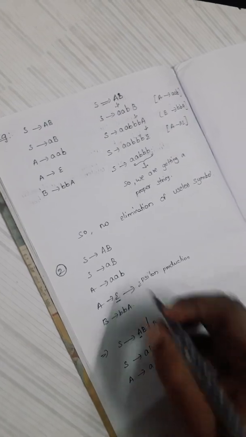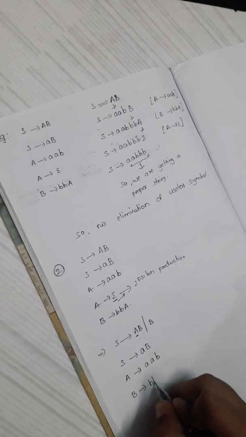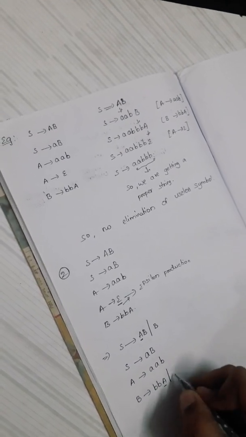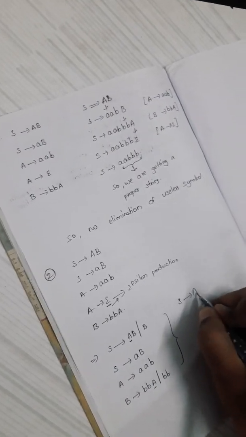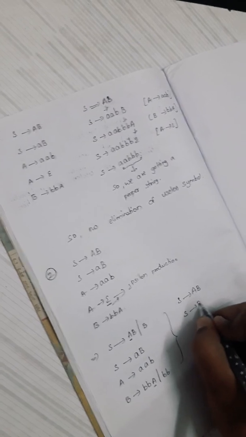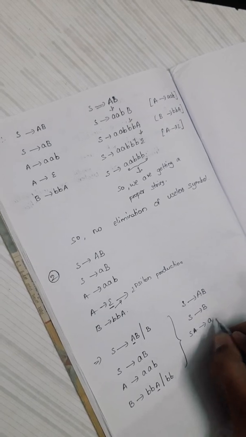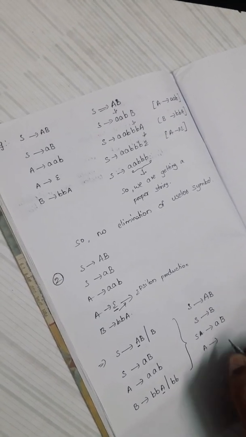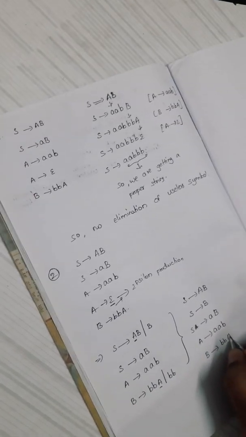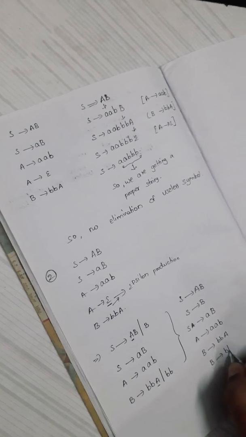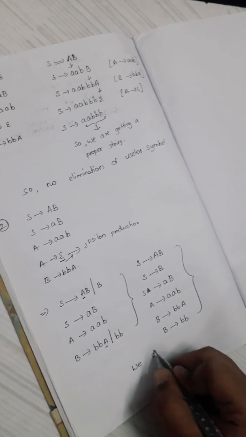Then AB. B, B, A: in place of A, we substitute epsilon, so we get B. So all the final strings are S tends to AB, S tends to B, A to AAB, B to BBA, then B to BB.